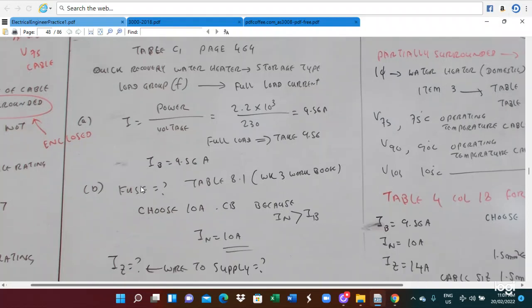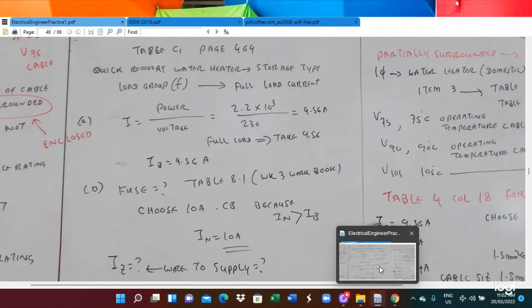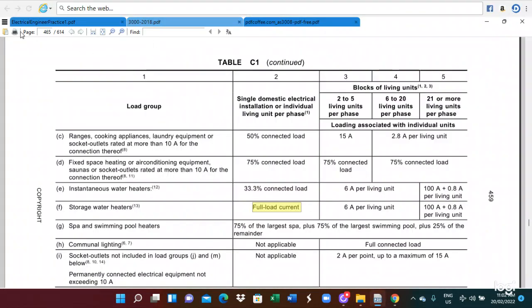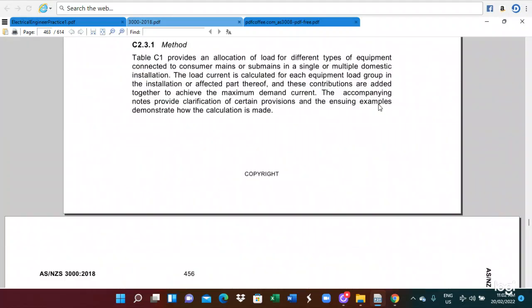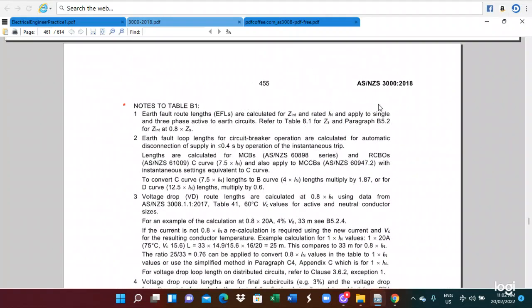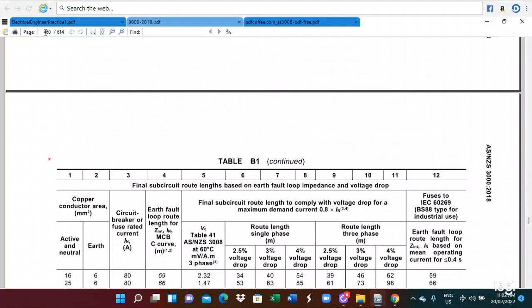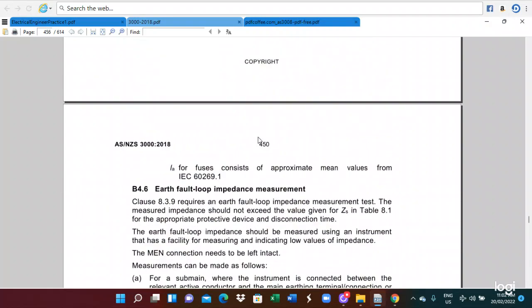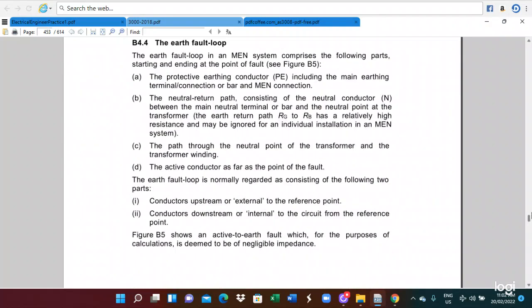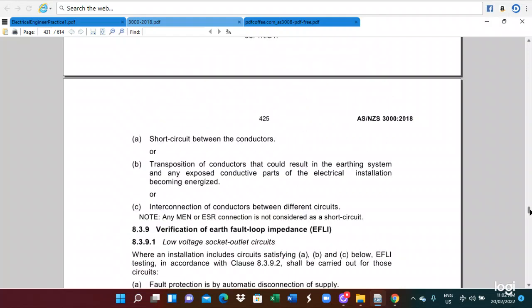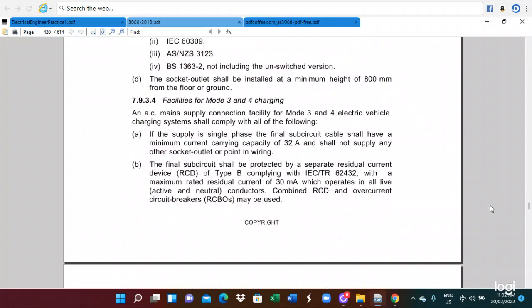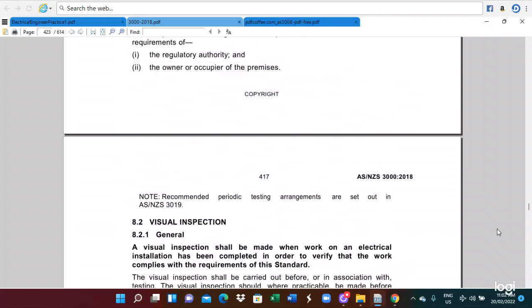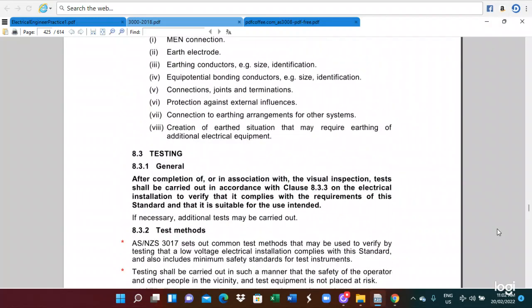So we have to find out the fuse current. In this case, we have to utilize table 8.1 of AS3000. Let me find the table 8.1, page 466.